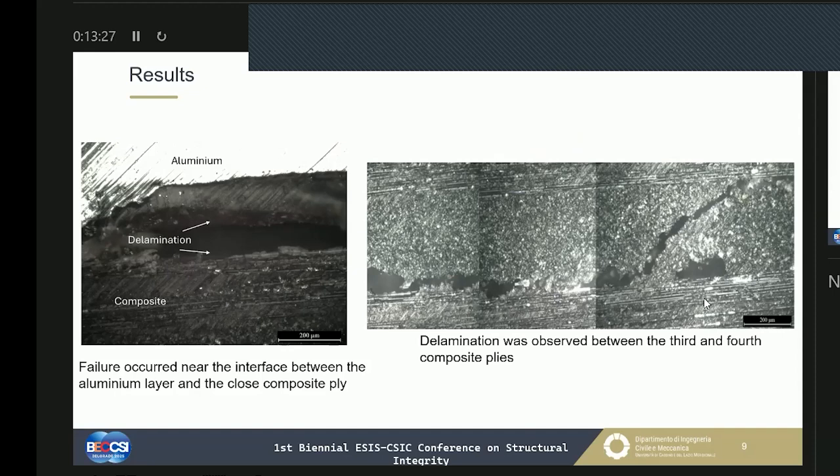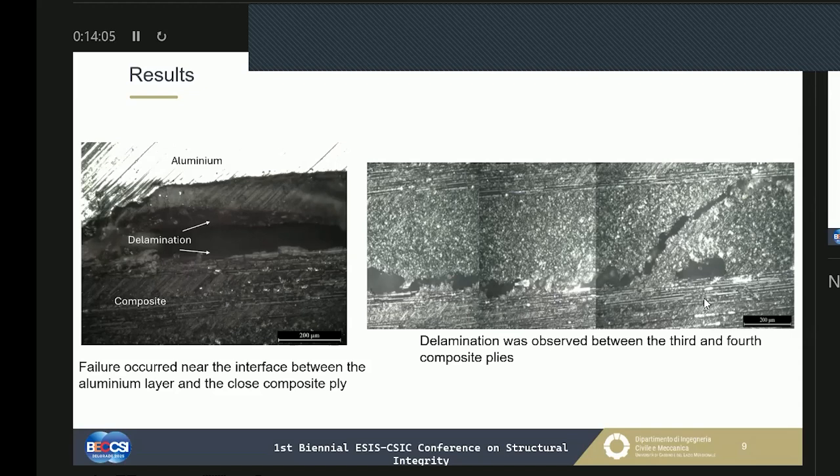Here we can observe on the left the first delamination, so at the interface between the aluminum and the composite. In this case, it was a light fiber tear, so the crack started at the interface, but then grew in the first layer in contact with the aluminum, and this can be related to the first load drop.